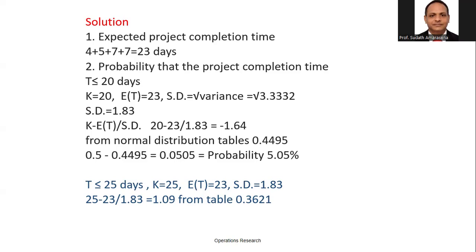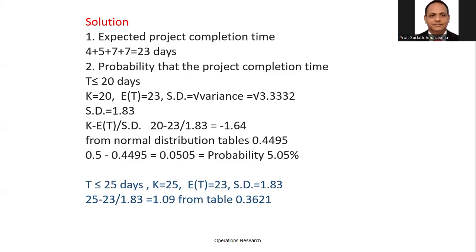I got minus 1.64. Here you can see I used the non-cumulative table. That's the reason I got 0.4495. If you use a non-cumulative table without the 0.5, then subtract from the 0.5, and you get the probability 5.05.